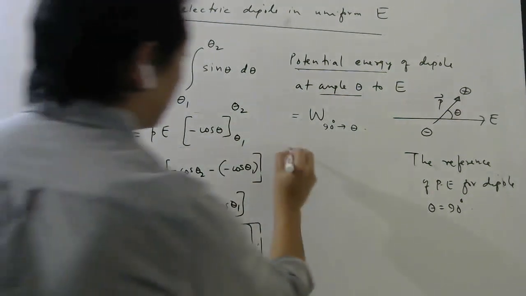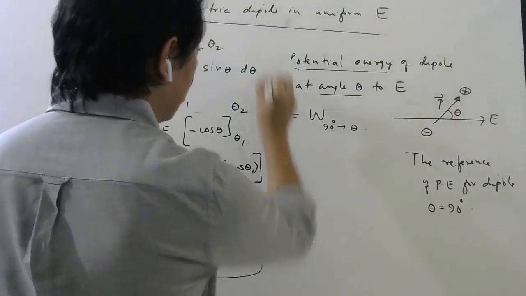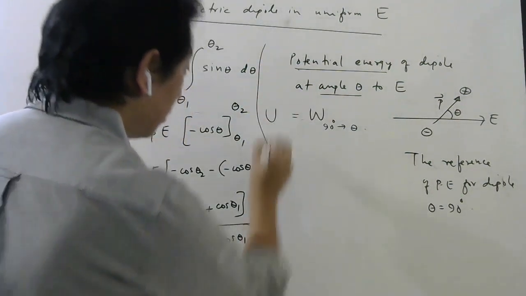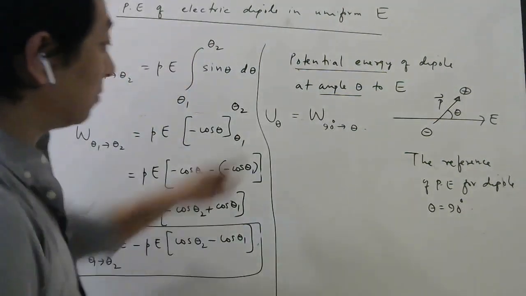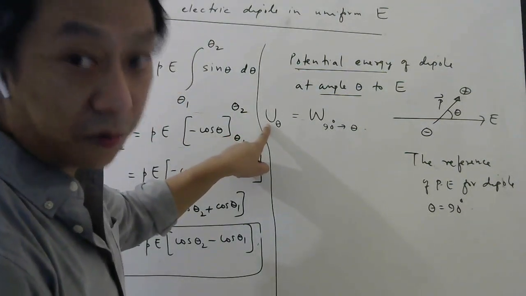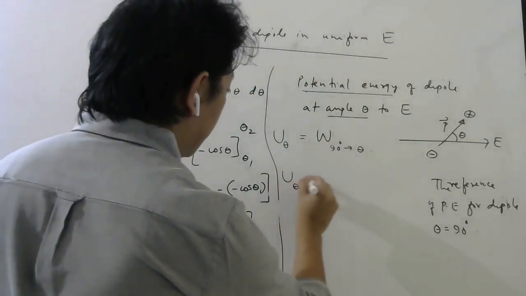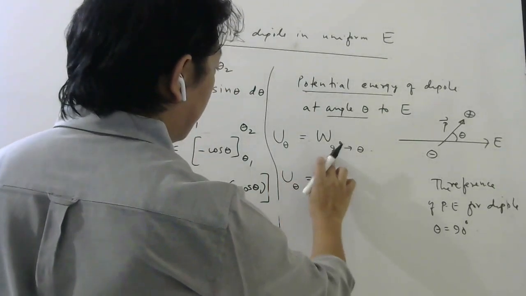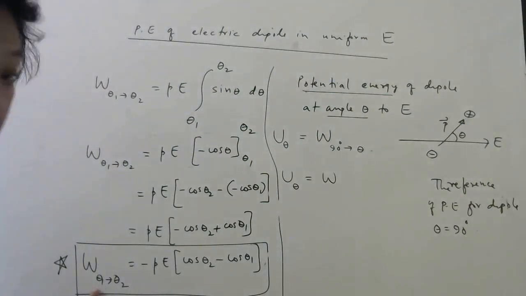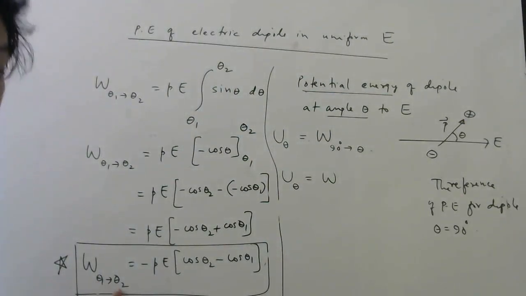That symbol we will write as U, and we write theta here. Why theta here? Because it means the potential energy of a dipole at angle theta. Potential energy at angle theta will be the work done from 90 degrees to theta. This we have already derived for theta 1 to theta 2, right?